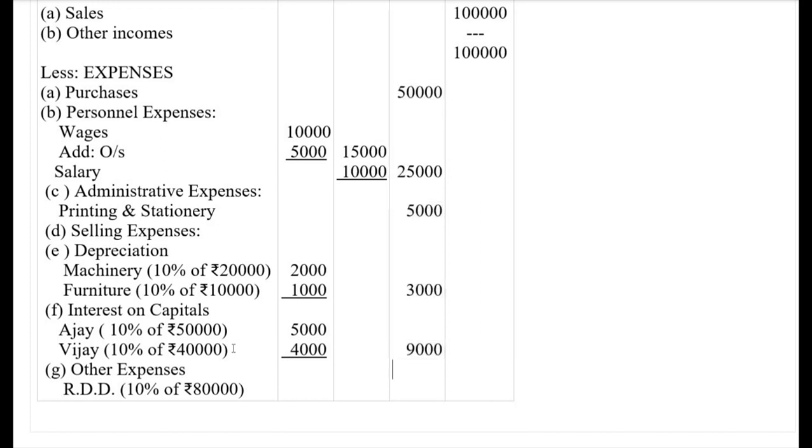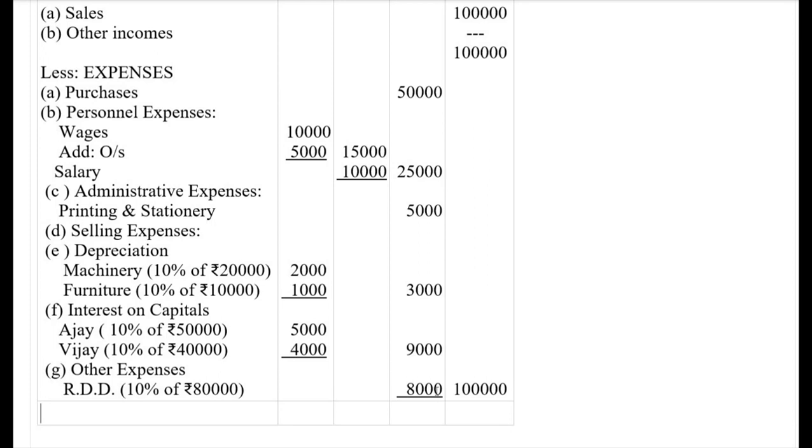So I will take directly here. When we sum all this, let us take the total to the outer column here. So 50,000 plus 25,000, 75, 80, 83, 92, 1 lakh rupees. So here it is, total is 1 lakh.